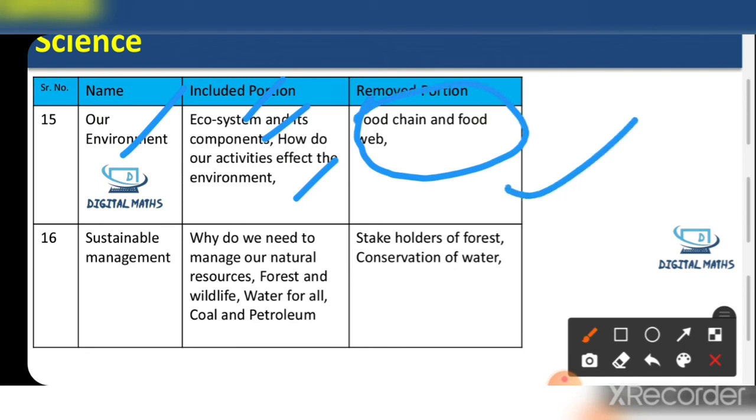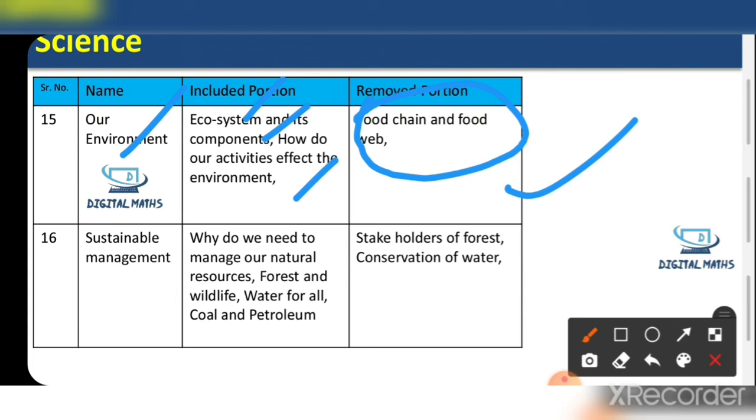It is not good news for you because it is asked every year in your board examination. It's not fair. Very important topics are removed from your science book. It is not good news for you, because the weightage of science is obtained from here.